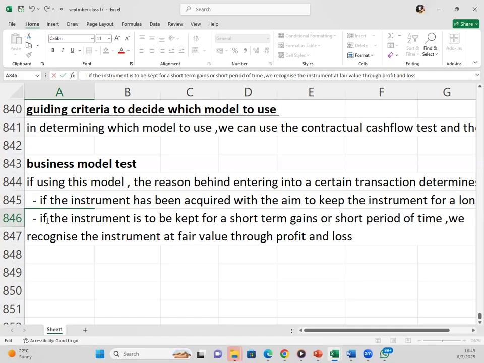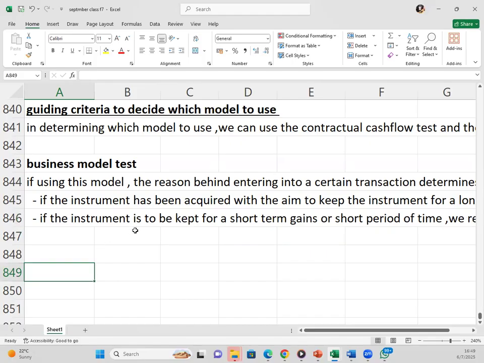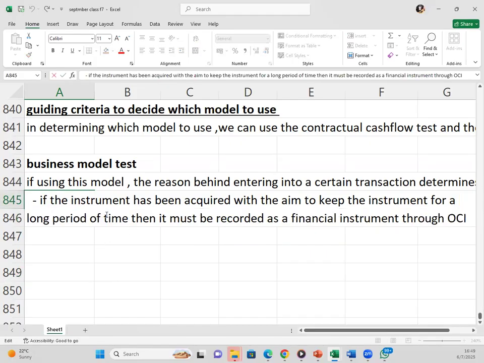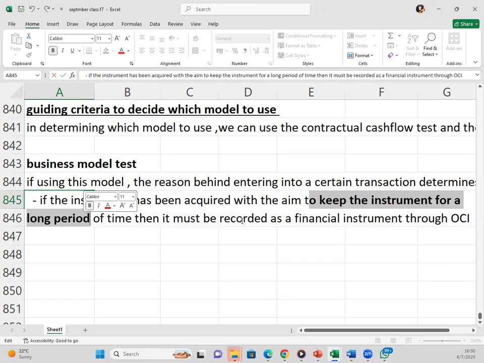So under this, the reason behind it, the intention, is very important. If the intention is to keep the instrument for a long time, then it's the financial instrument through OCI.